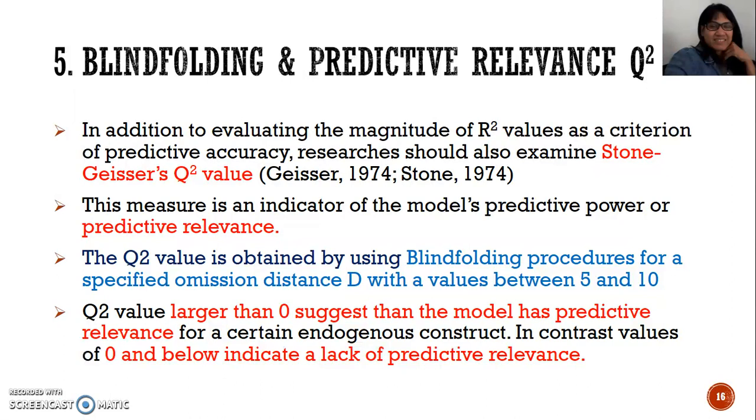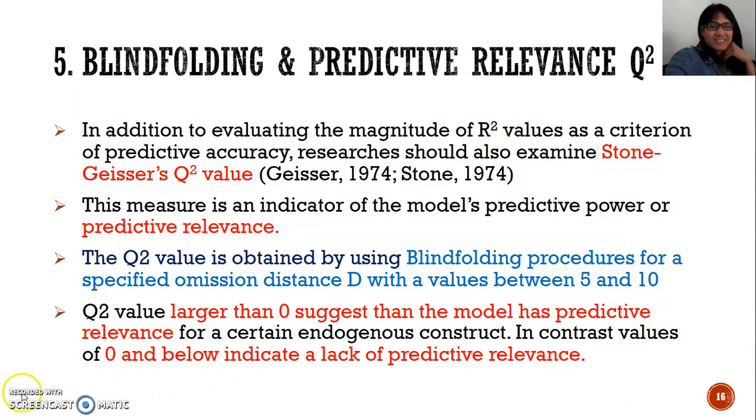The Q square value is obtained by using the blindfolding procedure for a specified omission distance d with values between 5 and 10. A Q square value larger than 0 suggests that the model has predictive relevance for a certain endogenous construct. In contrast, values of 0 and below indicate a lack of predictive relevance.